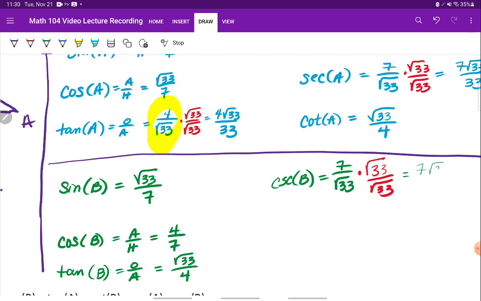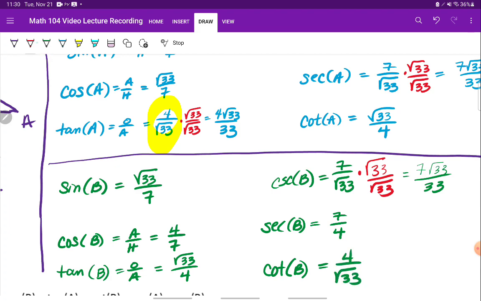That's 7 square root of 33 over 33. Secant of angle B will be 7 over 4. And then cotangent of angle B, our reciprocal, 4 over square root of 33, which we'll rationalize. We get 4 square root of 33 over 33.